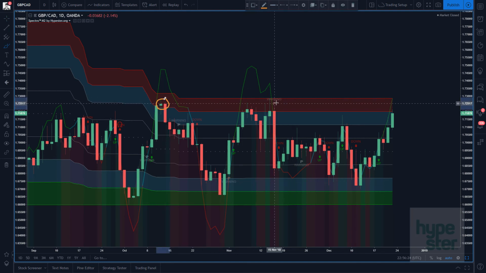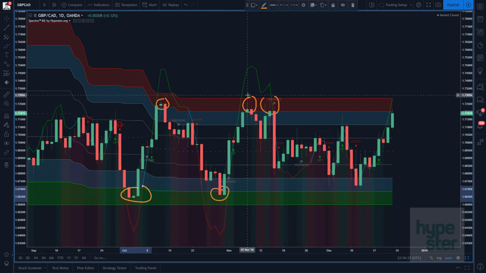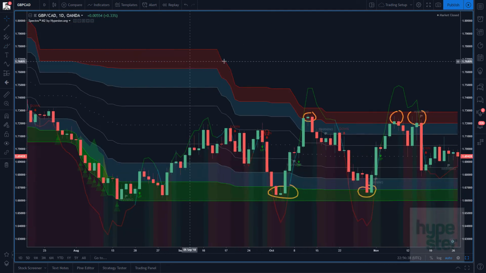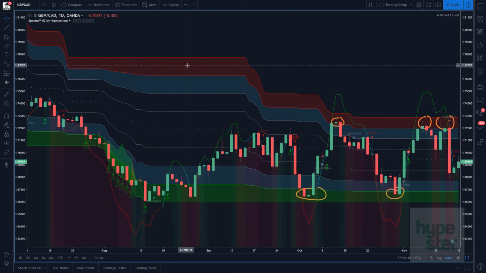Look, great scalping areas. This is a very good indicator for people who are zigzagging. As you can see, it's very, very useful to give you the best areas to get in and out.